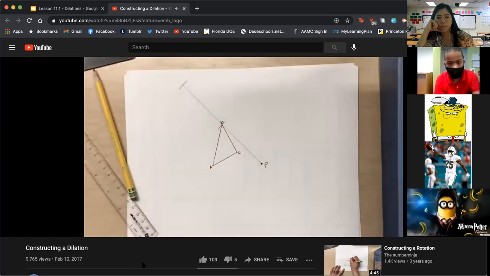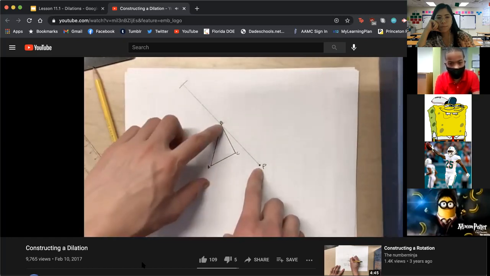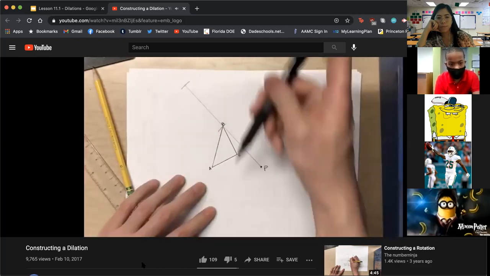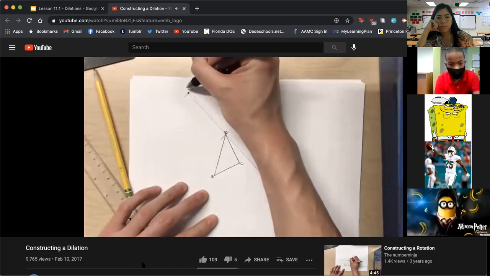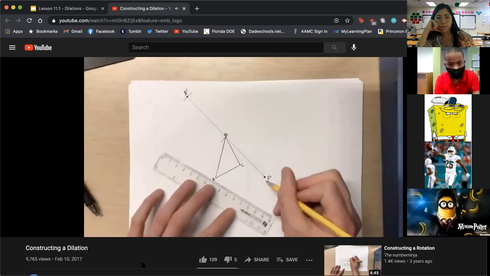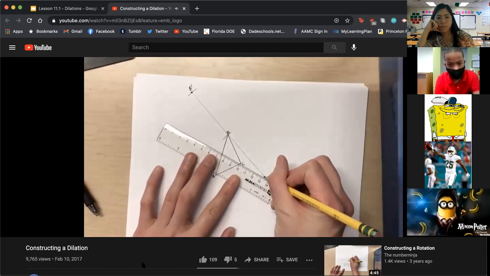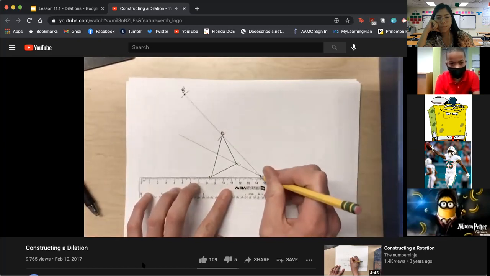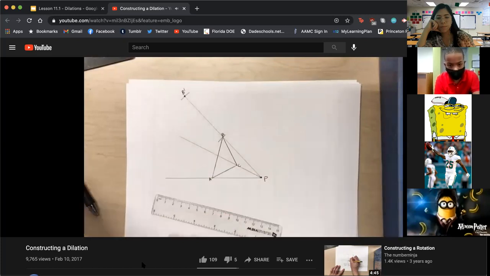Now that distance that B is away from P has doubled. So that is my B prime. Continue that for each of the other vertices of your triangle, and you'll have the dilated image.